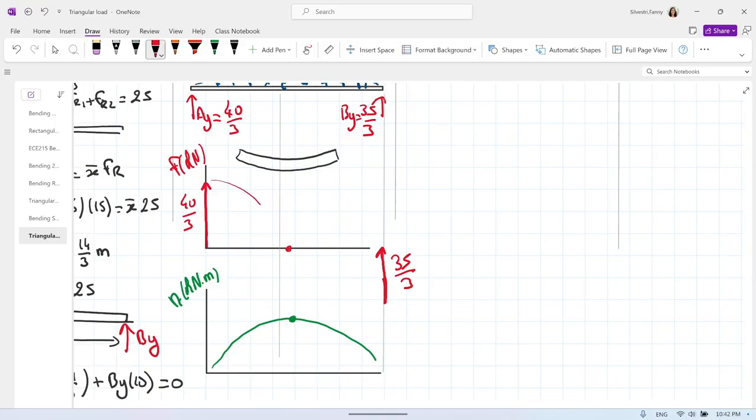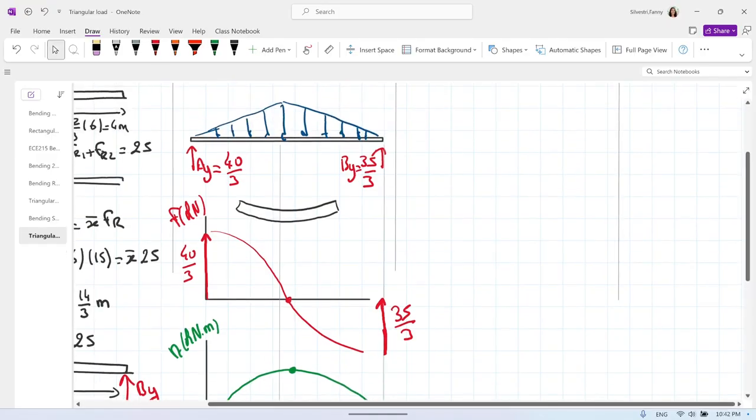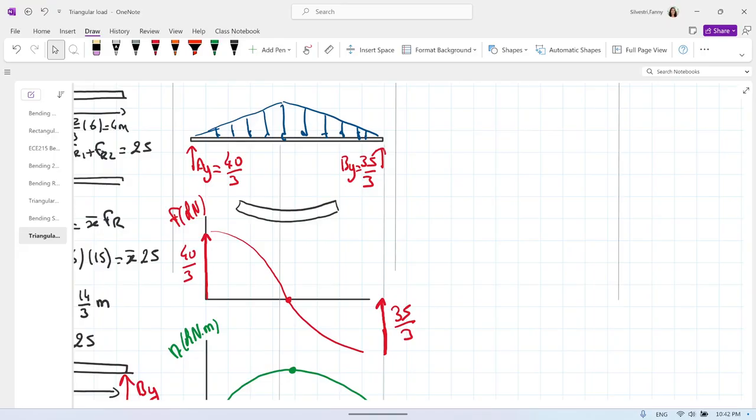So we may have something like this, but we don't know more than that. You will get used to it: triangular loads always give you a second degree equation for the force and a third degree equation for the moment. We just need to go from 40/3 to minus 35/3 with the progression.